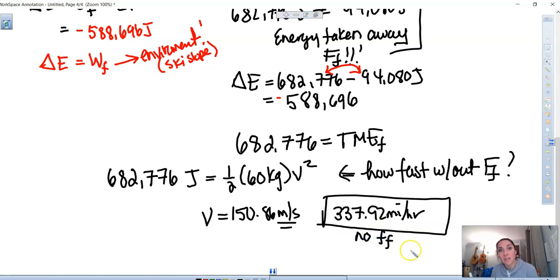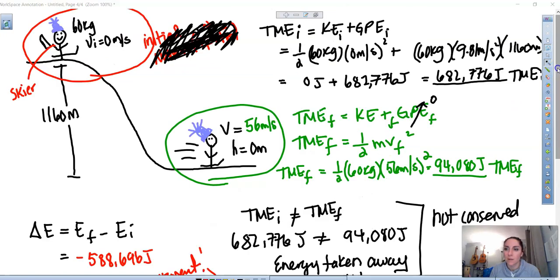Imagine. That is way, way too fast. Actually, I am pretty sure I did this calculation wrong, which makes me upset. It was 25 miles per hour, and what I should have done is 25 divided by 2.24.